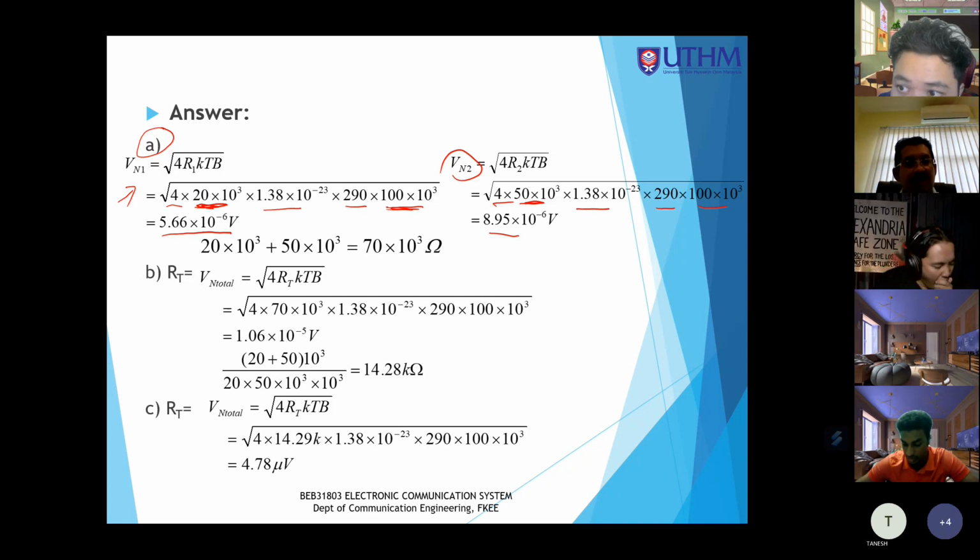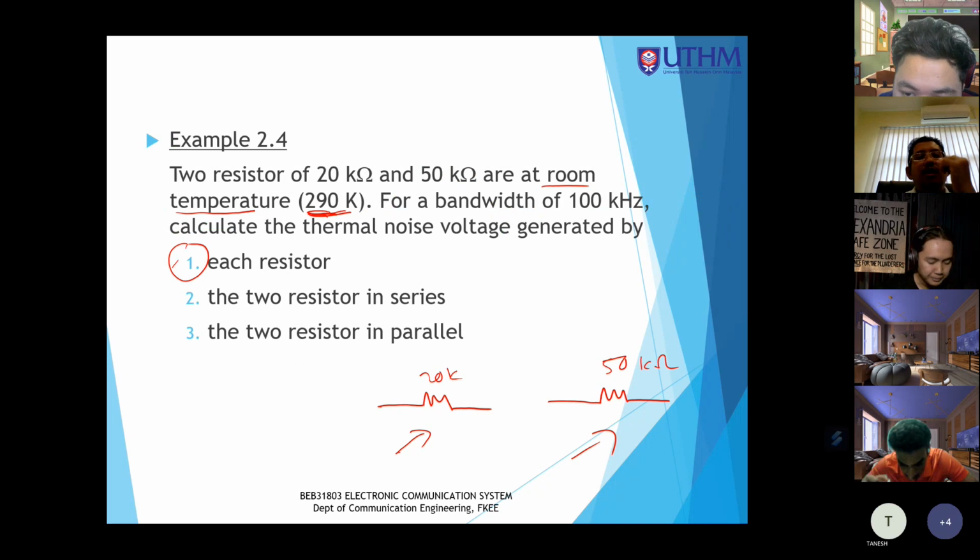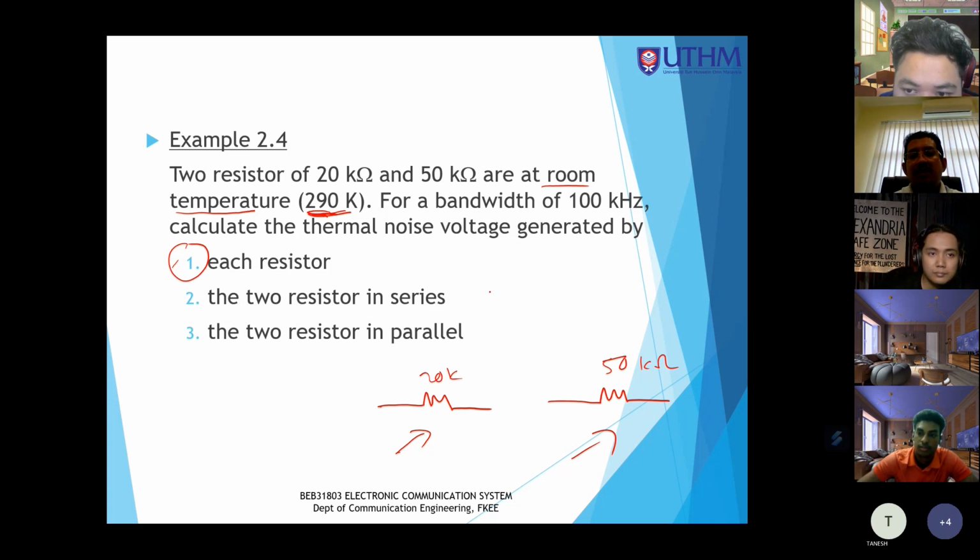And then the second question says, how much is the noise voltage if the two resistors are connected in series? Maknanya untuk soalan ini, kedua-dua resistor ini bersambung secara siri. Okay, so this is R1, R2.